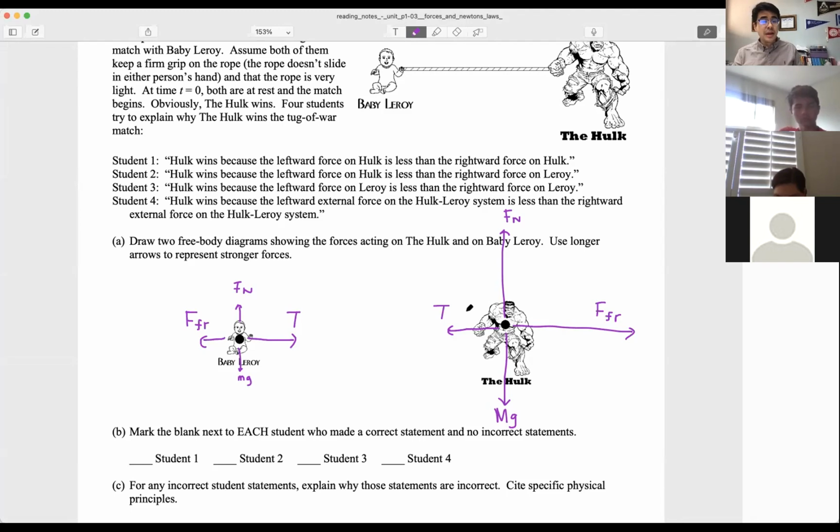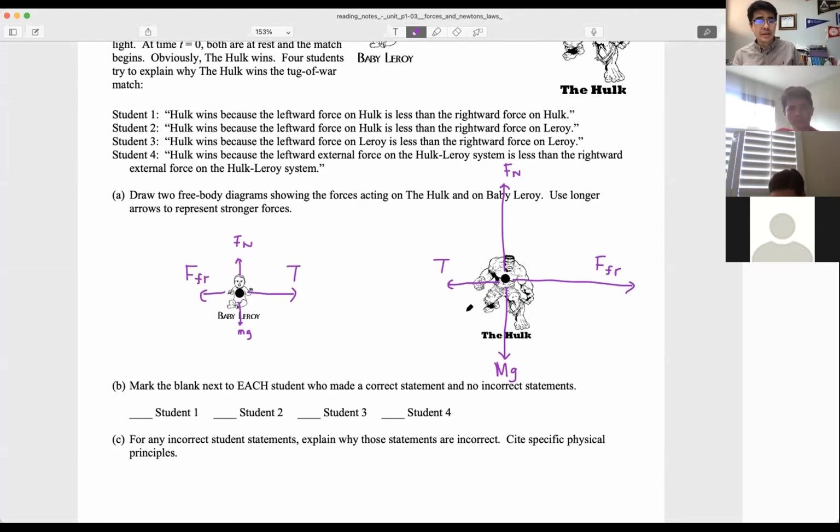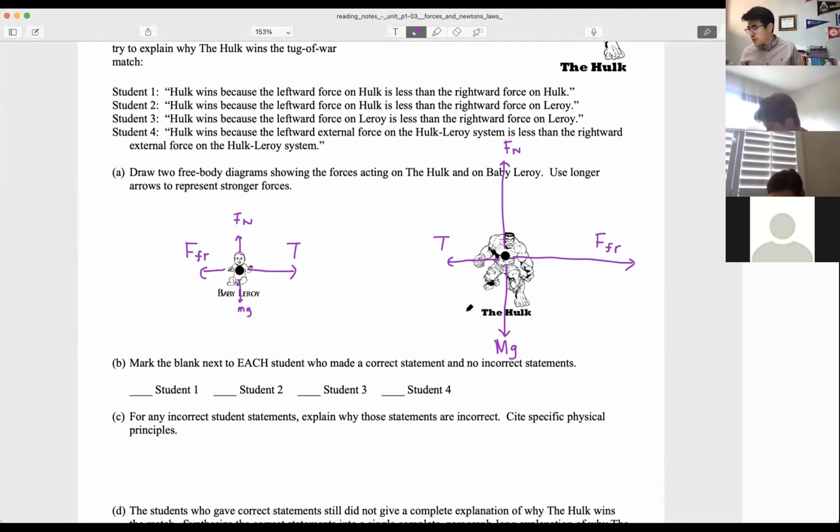Okay, so now take a second and look at these and see which of these four you think is true. Some of them are partially correct.